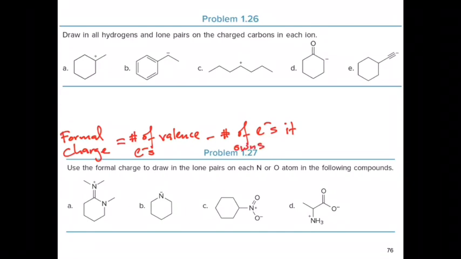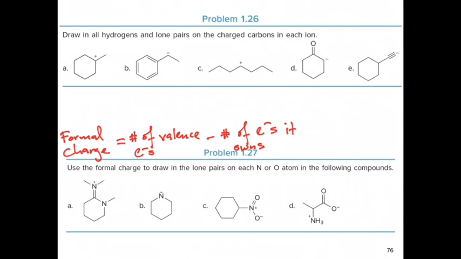All right, and so for this nitrogen right here, it has a total of 5 valence electrons, and the number of electrons it owns is basically 4, right? 1, 2, 3, 4, because 2 electrons here are being shared, half of it that nitrogen owns. So a total of 8 electrons divided by 2, and you have 4 electrons owned by this nitrogen. So 5 valence electrons minus 4 that it owns leaves 1, which is the positive charge.